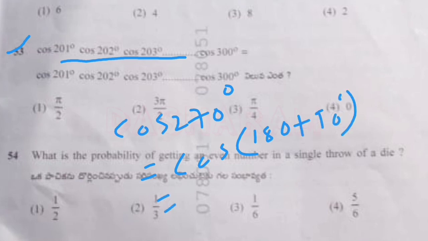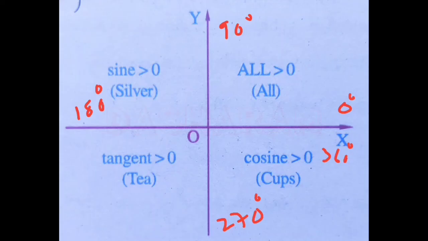So cos 180 plus theta. From this diagram, 180 plus theta means it will go to the third quadrant. In the third quadrant, it is the all silver tea cups rule, so T is nothing but tan and cot. Only tan and cot are positive, the remaining trigonometric ratios are negative.